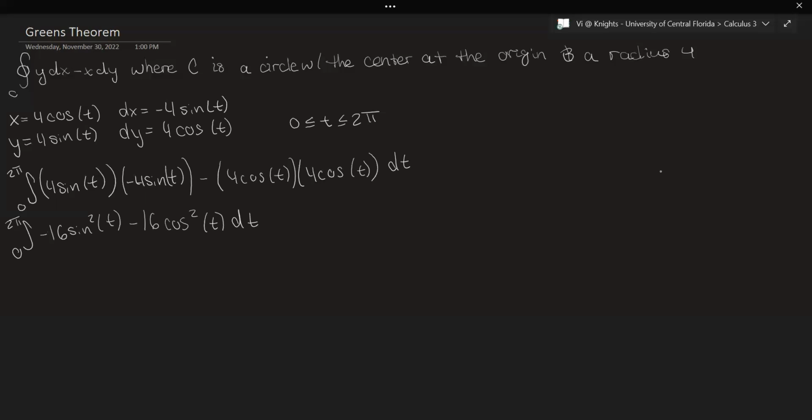And so we can also simplify this down using trig identities. So this is going to end up being -16 dt, which if we integrate it, is -16 t. Then once you apply your bounds, it's going to end up as -32 pi as your final answer.